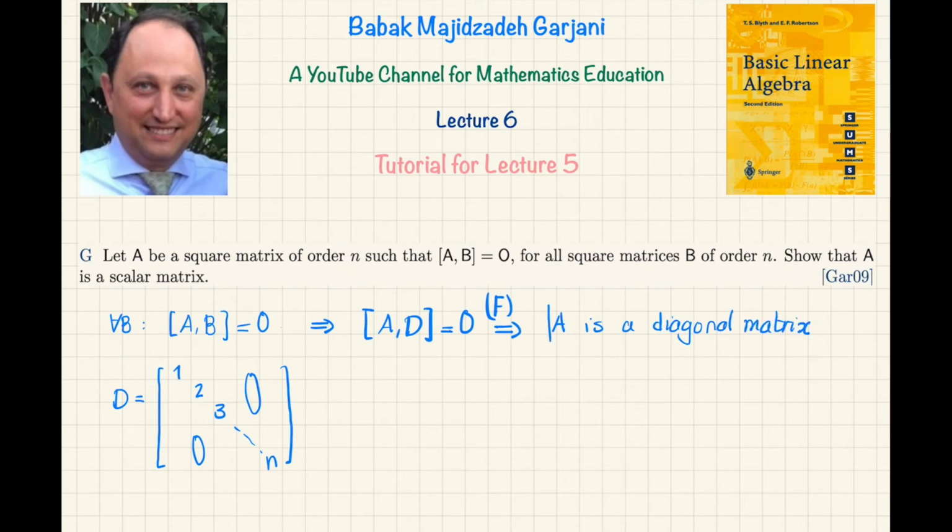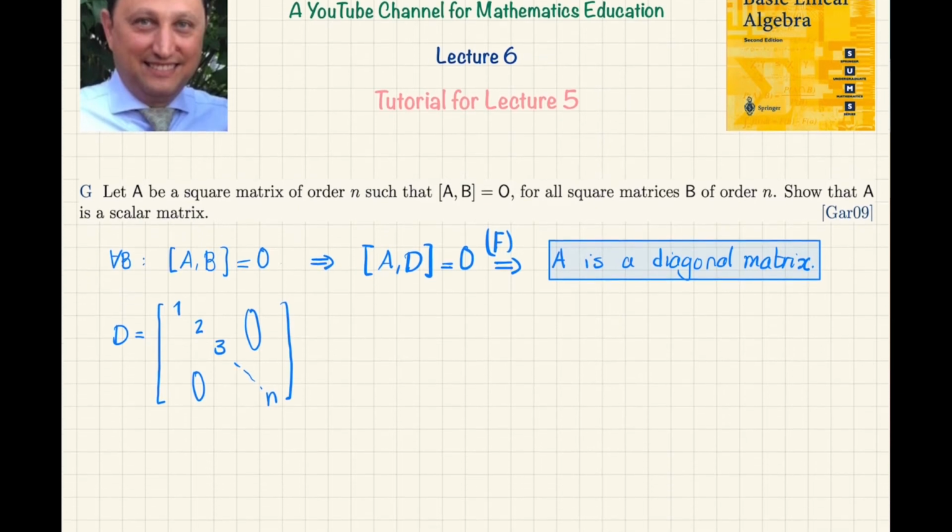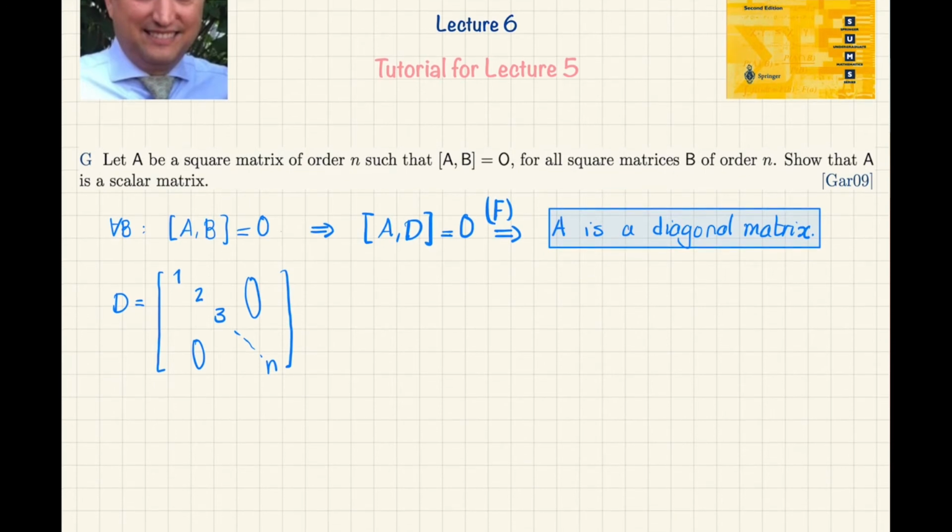But this is not enough, because I want to show that A is a scalar matrix, so I have to show that all entries on the main diagonal are equal. So how should I prove that? Let, for example, s be an integer between 1 and n, and let t also be an integer between 1 and n, and let us assume that s is not equal to t.